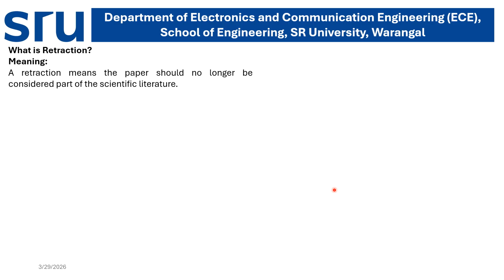First of all, we will see what is retraction, the meaning of this retraction. A retraction means the paper should no longer be considered part of the scientific literature. This is the meaning of retraction.